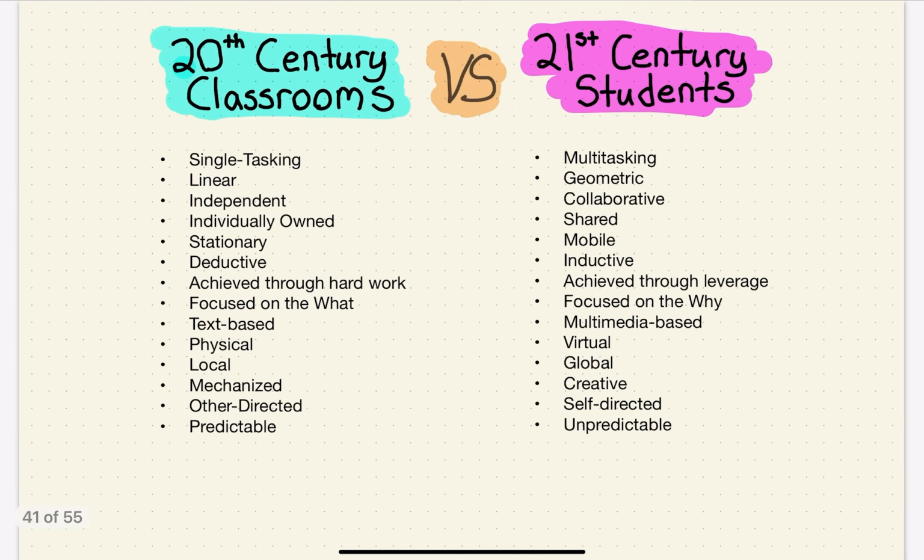I'm going to start by talking about 20th century classrooms versus 21st century students. The problem of motivation is magnified when 21st century learners are being asked to navigate 20th century classrooms and oftentimes curriculums. In 20th century classrooms, learning was essentially linear.